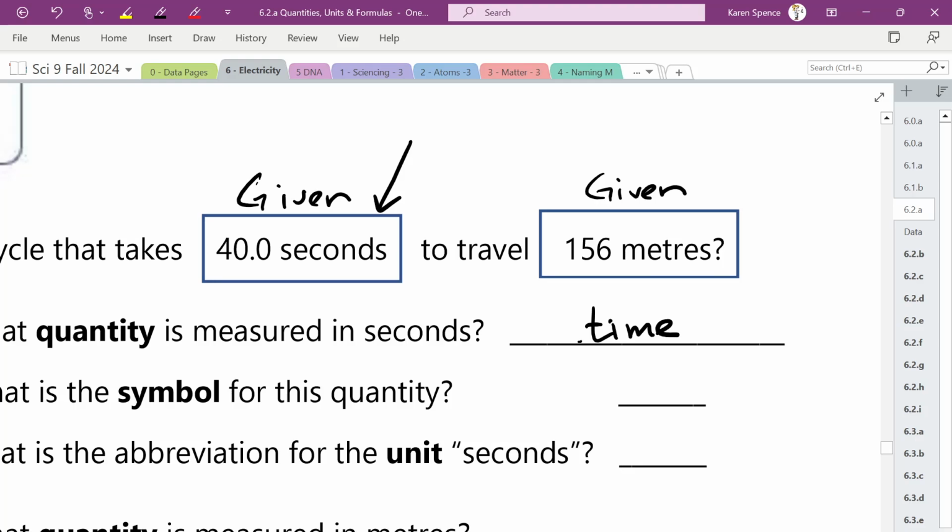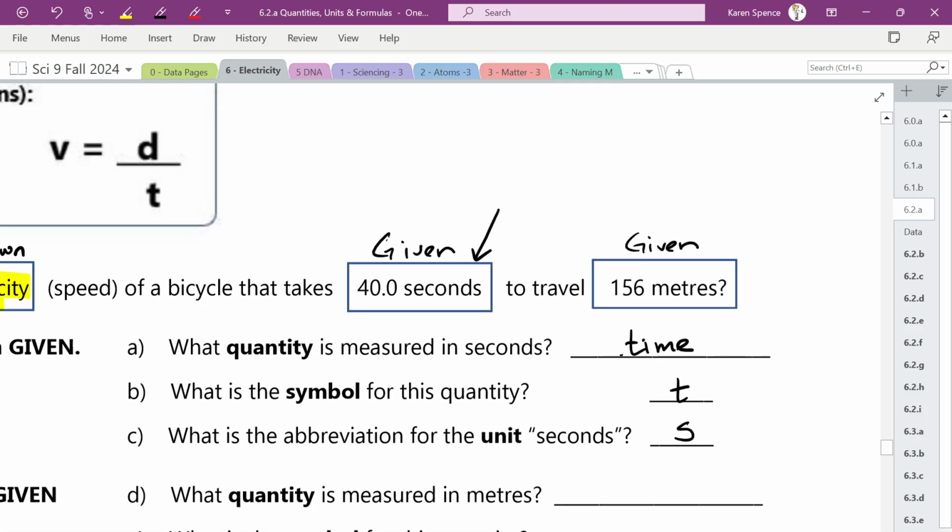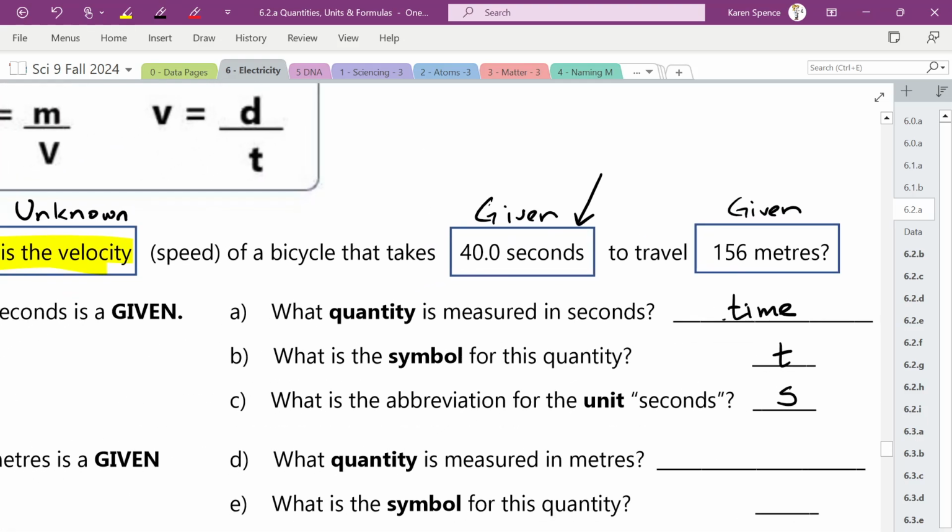And what is the symbol for time? T. And what is the unit? Seconds, and we abbreviate seconds S. So for our seconds, instead of writing volume equals 4 liters, we're going to write time T is equal to what?